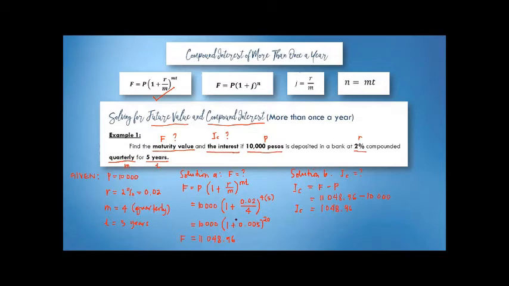So yung pinakahuli natin na 96, that is already rounded off na to 2 decimal places.